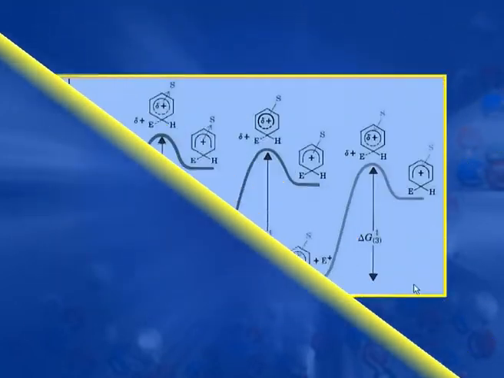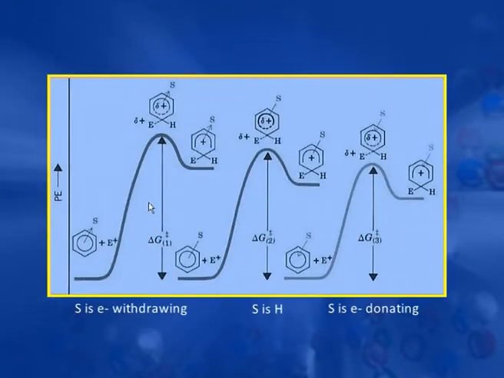So, now let us see the energy diagram. If we see, this is the case of benzene, simple benzene. If benzene undergoes this electrophilic substitution reaction, it gives this intermediate, and this intermediate is produced via this transition state.